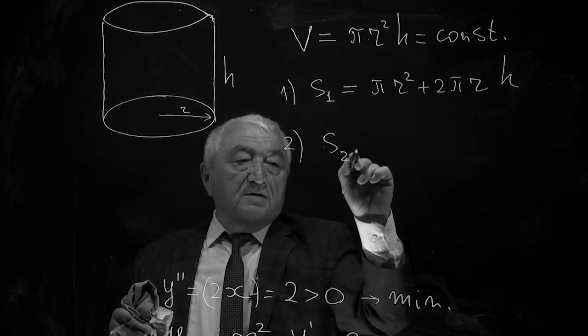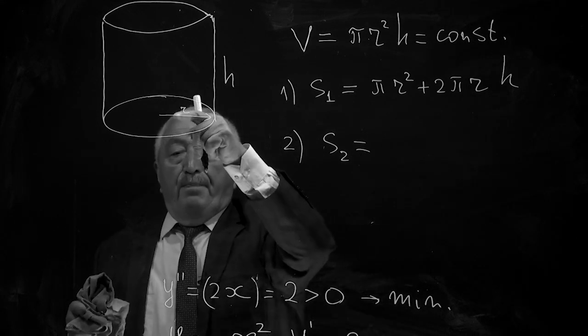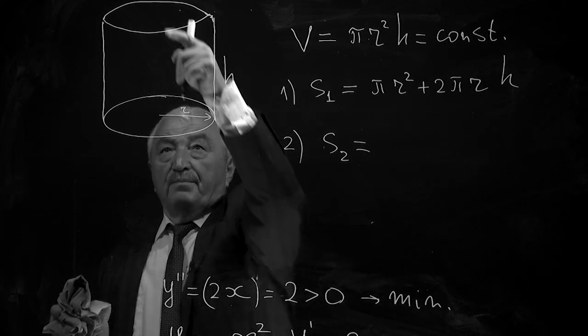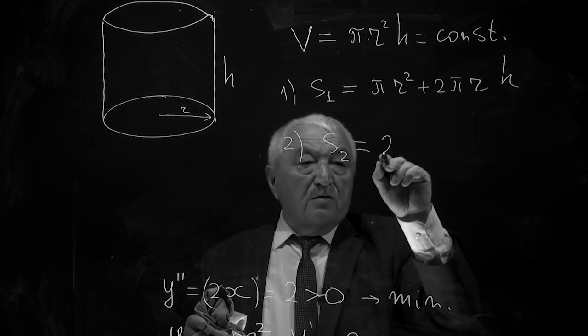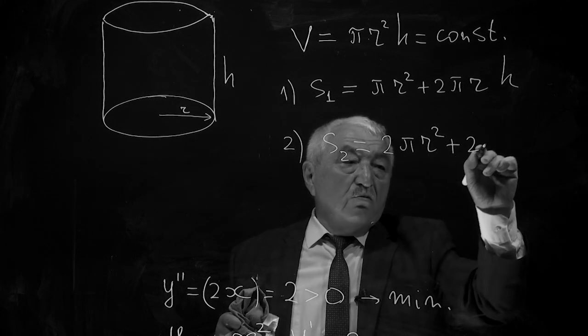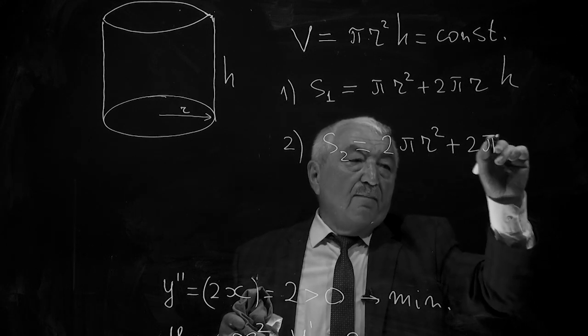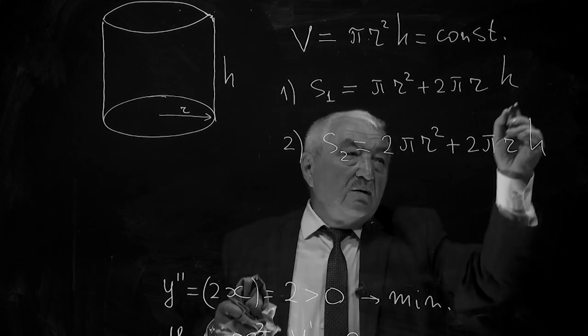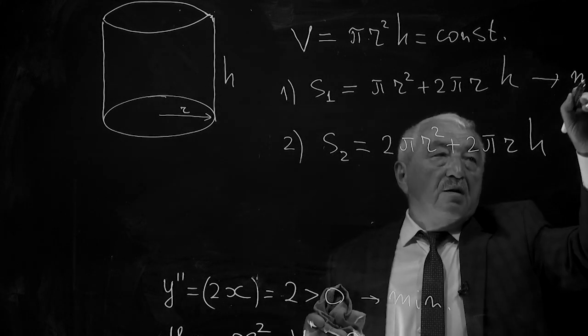Second situation, S2, equals pi r squared plus pi r squared, 2 pi r squared plus 2 pi r h. Minimum value.